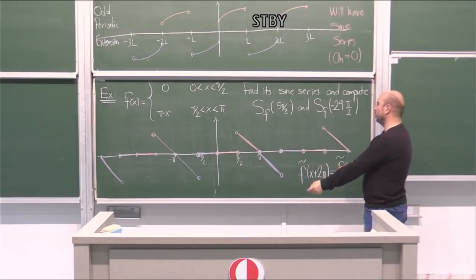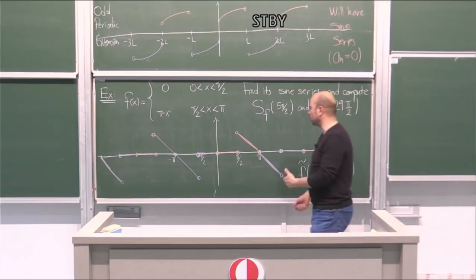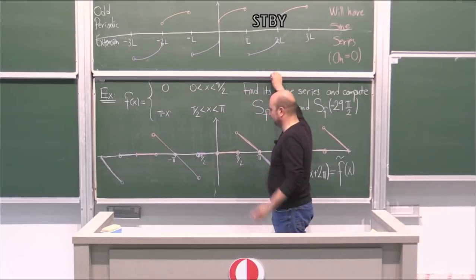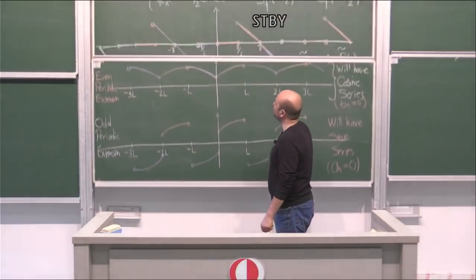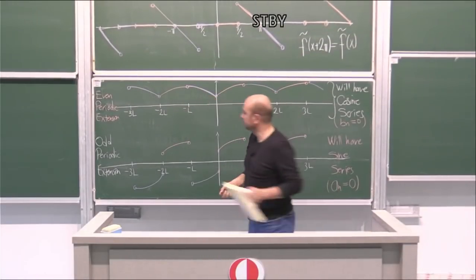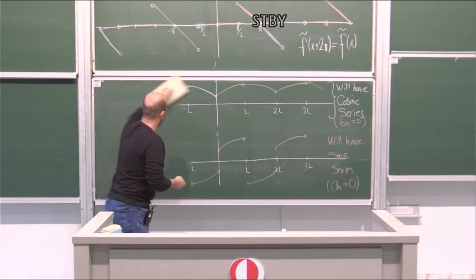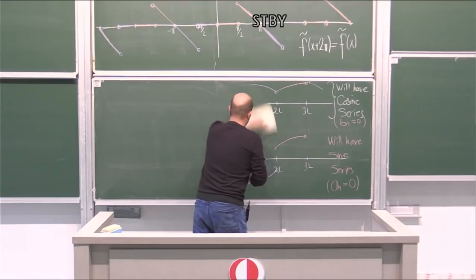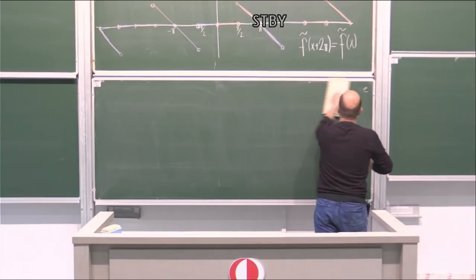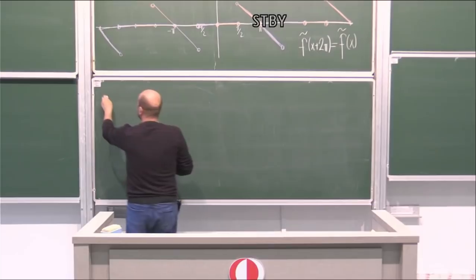Now you can think, okay, you are doing an extension, so this will affect your computation because you need to integrate from minus pi to pi. Now let's see. It is an odd extension.